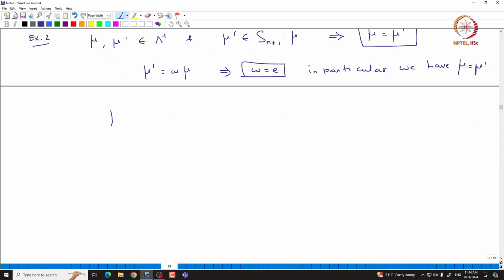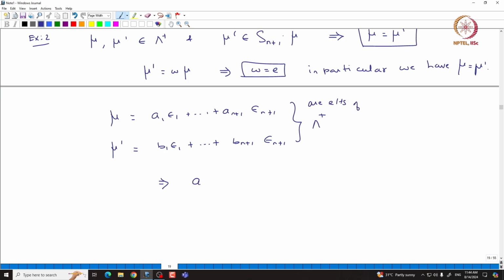Okay, let us write mu as some a_1 epsilon_1 plus etcetera plus a_{n+1} epsilon_{n+1}. Similarly, write mu dash to be b_1 epsilon_1 plus etcetera plus b_{n+1} epsilon_{n+1}. Because both of them are dominant, elements of lambda plus, that would force that a_1 is greater than or equal to etcetera greater than or equal to a_{n+1}. And similarly, b_1 is greater than or equal to etcetera greater than or equal to b_{n+1}.